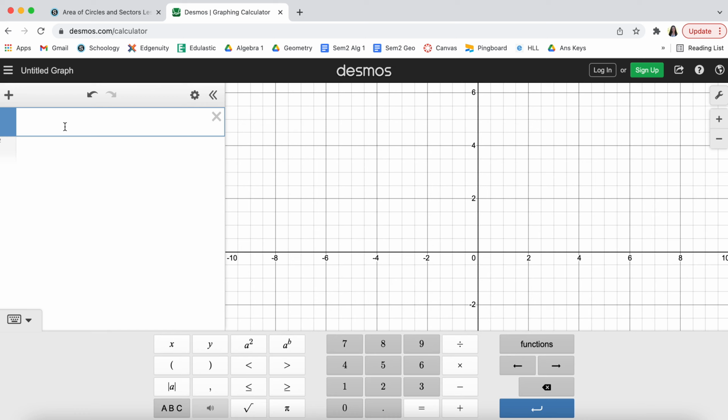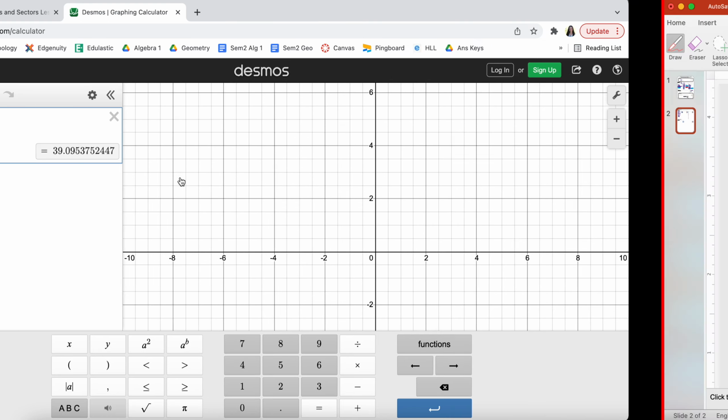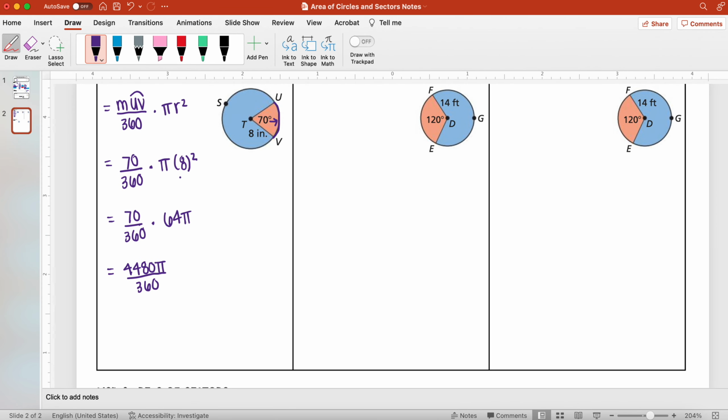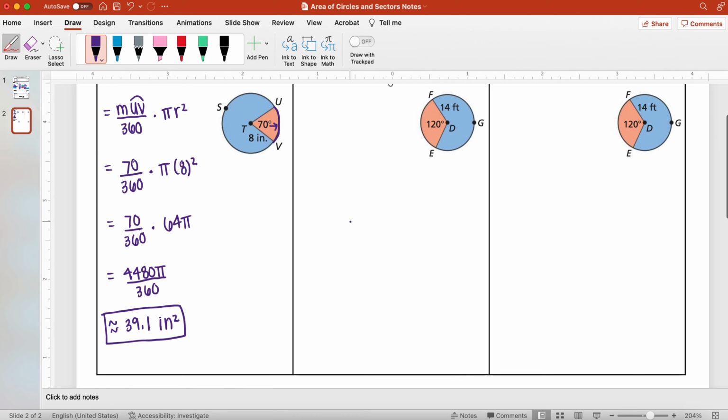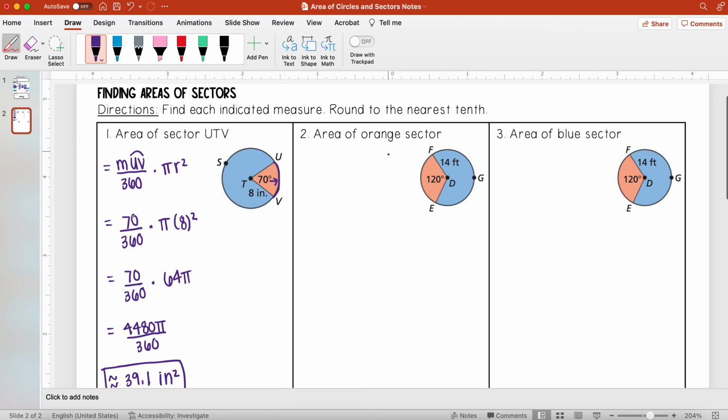So I have 4480 pi divided by 360, and rounding to the nearest tenth, I get 39.1. So this is going to be approximately 39.1 inches squared.